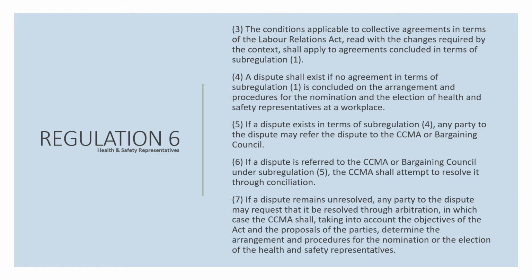If a dispute is referred to the CCMA or Bargaining Council under Subregulation 5, the CCMA shall attempt to resolve it through conciliation. If a dispute remains unresolved, any party to the dispute may request that it be resolved through arbitration, in which case the CCMA shall, taking into account the objectives of the Act and the proposals of the parties, determine the arrangement and procedures for the nomination or the election of health and safety representatives.